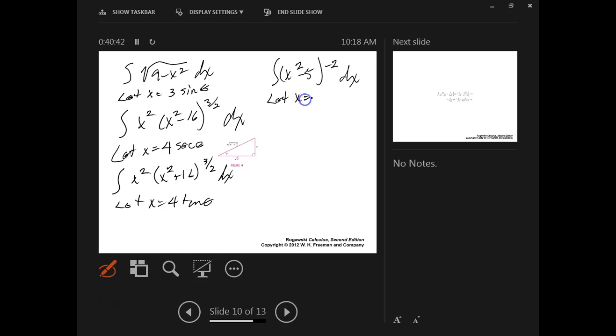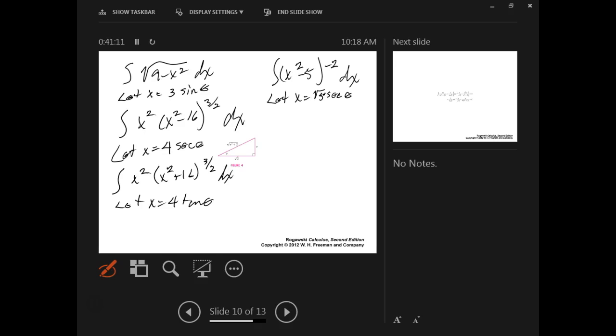X equals something secant theta, I'll agree with that. Anyone want to help me with the something? Square root of 5, that's a good something to put there.